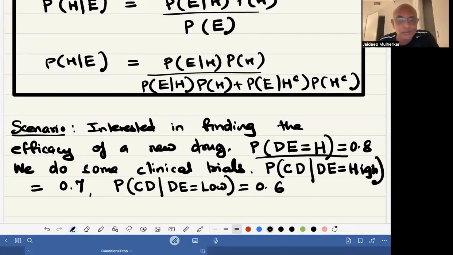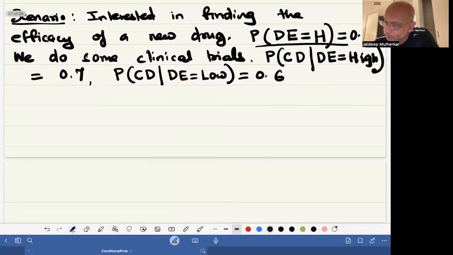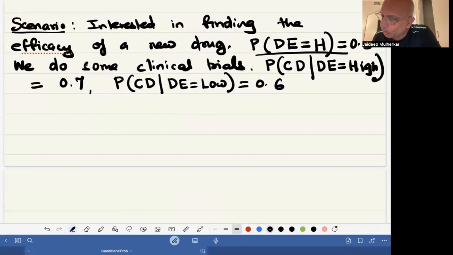And how likely is the data given the drug efficacy is low is given by this. So if we apply Bayes' theorem, we want to know the new hypothesis about our efficacy given the clinical data.